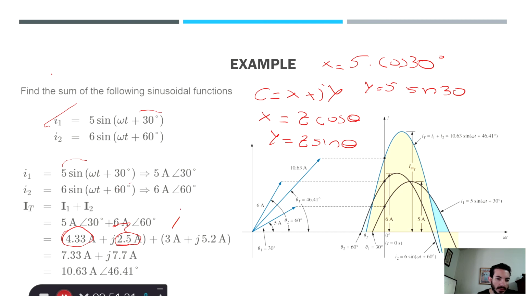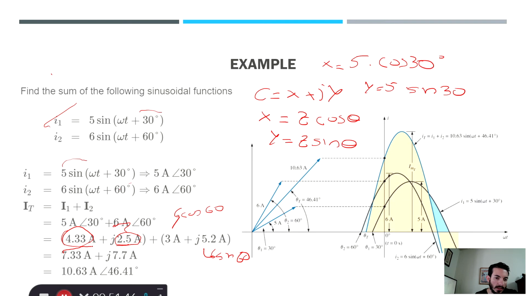This is going to be 6 cosine 60, and this is 6 sine 60. And once you have those, we simply do real plus real and imaginary plus imaginary, and you can see that 2.5 plus 5.2 is 7.7, and 4.33 plus 3 is 7.33.